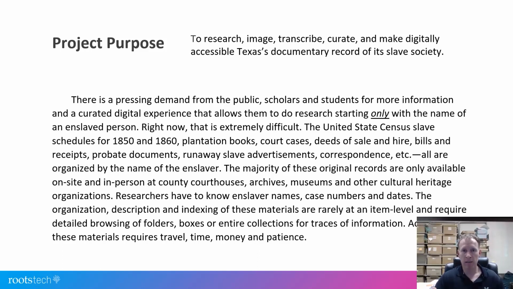It's a very laborious process, very detail oriented, and very slow going. But I'm hopeful that as the project gains steam over the next couple of years, it will really start providing beneficial resources to people who might not otherwise engage with their slave ancestry or the history of slavery in Texas. And so that's what I'm hoping to do.